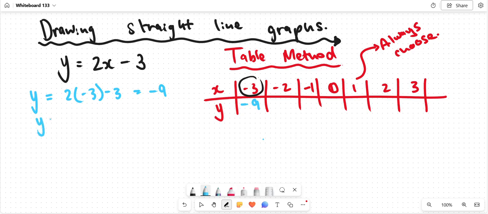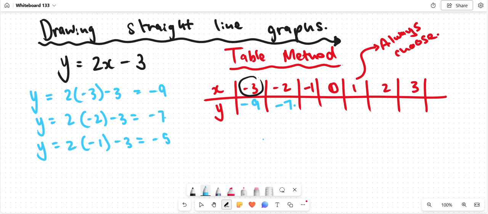So let's keep doing that for the next one. 2 times -2 minus 3, you get -4, and so that is -7. Let's substitute the next one. 2 times -1 minus 3 is -2, that is -5.